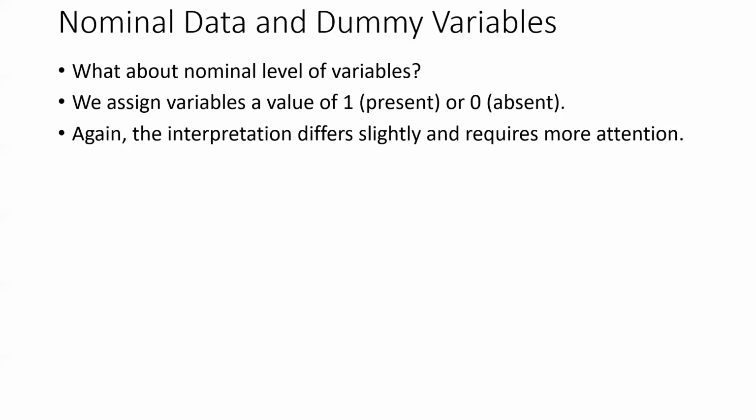We would need to be careful in our interpretation because after we run our analysis, our slope is going to say a unit change in gender brings about so much of a change in the dependent variable. And this doesn't make any sense. So we're not trying to say that as you move from male to female, a unit change in male to female.